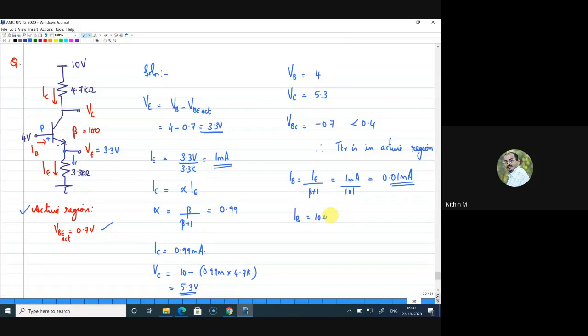Praveen, IB is 20 amps. I think 20 microamps, sir. All right. Okay, yeah. 20 microamps. So 1 milli by 101, right? No, sir, not this question, sir. Oh, the next question. Okay, yeah.